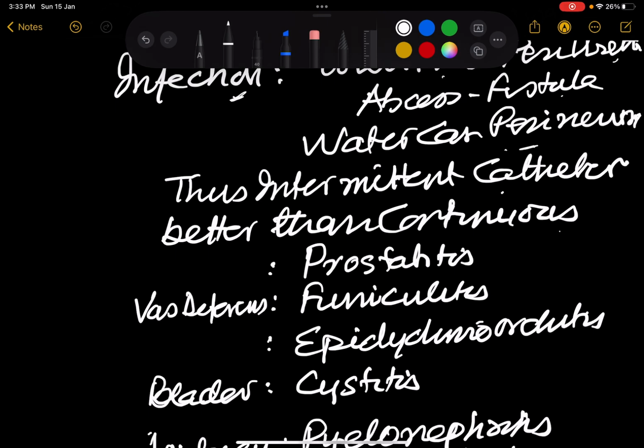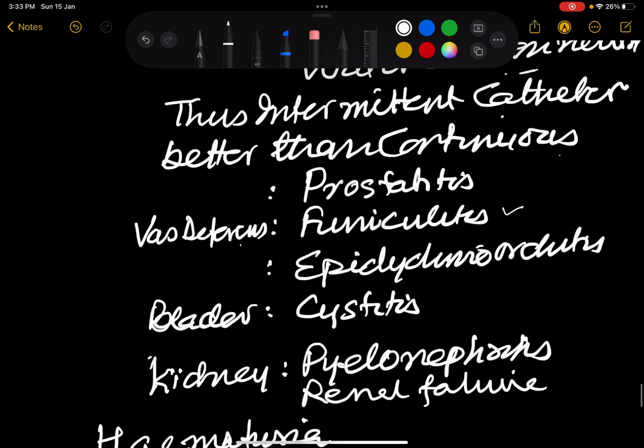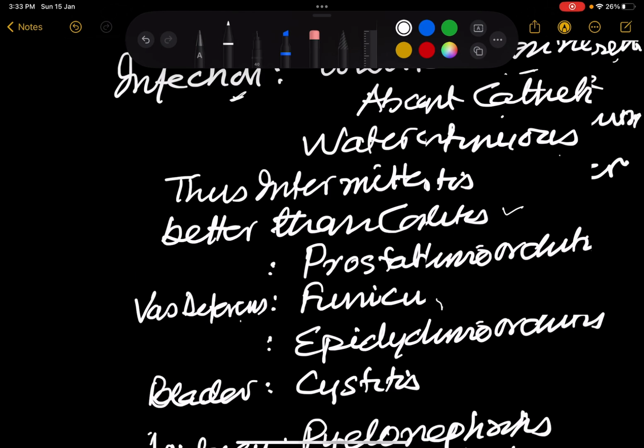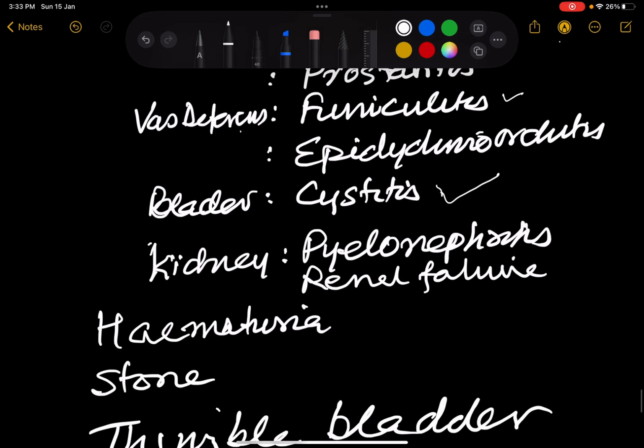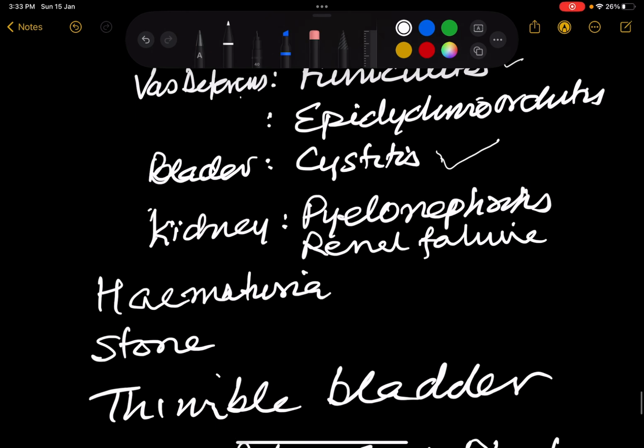Then it reaches the prostate, prostatitis, vas deferens, funiculitis, epididymis and testes, epididymo-orchitis. Higher up, bladder, cystitis, then pyelonephritis and renal failure.